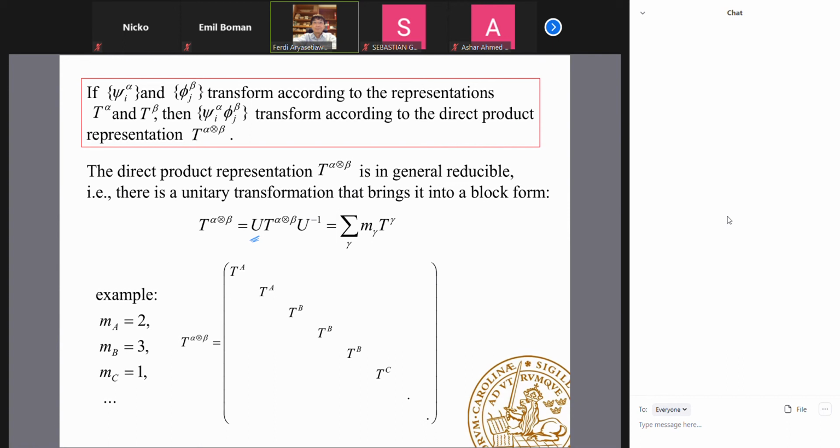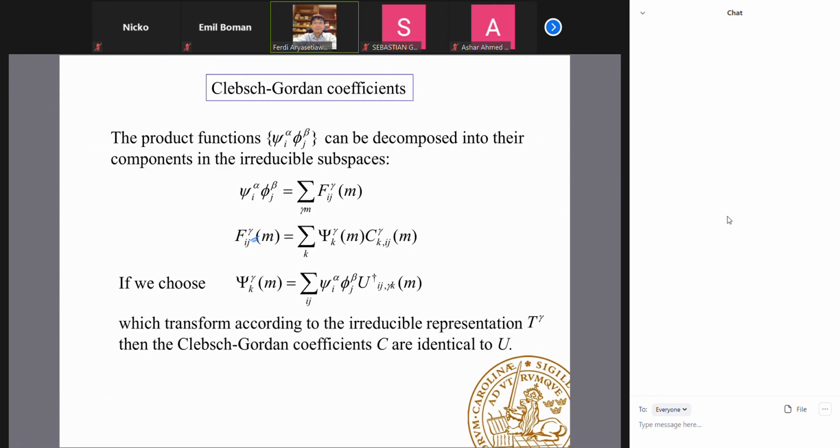So let's look at this from the opposite point of view. Instead of looking at this from the representations, we can also look at it from the basis, from the product states. So we have these product functions, psi i alpha and phi beta j.